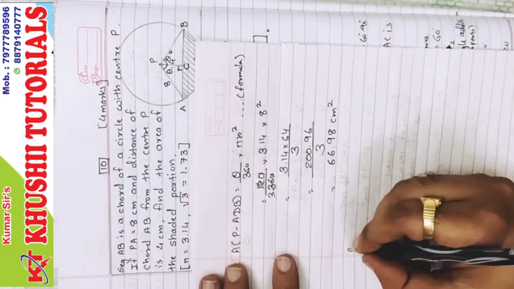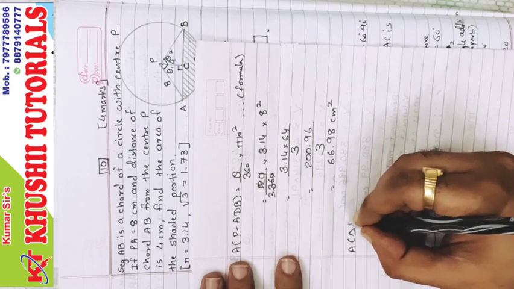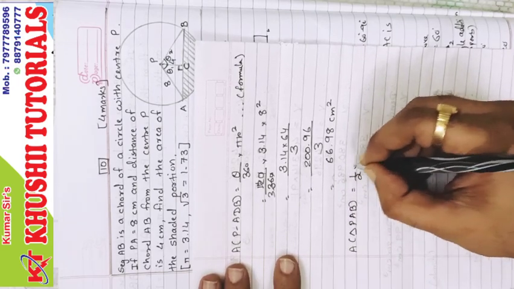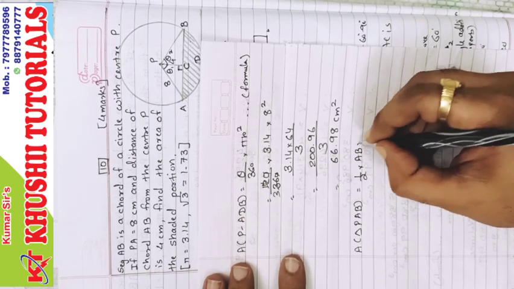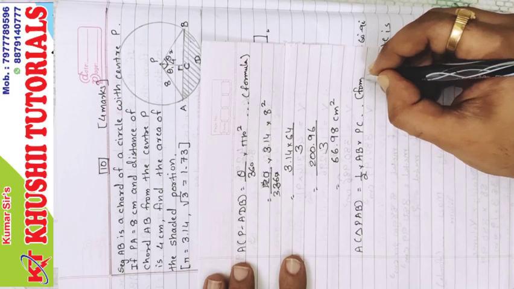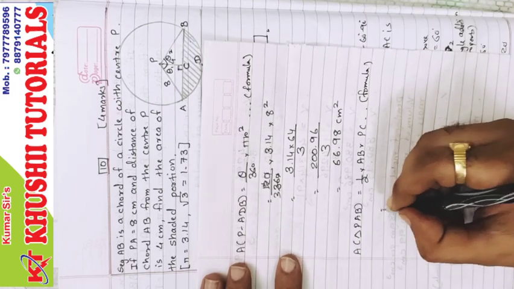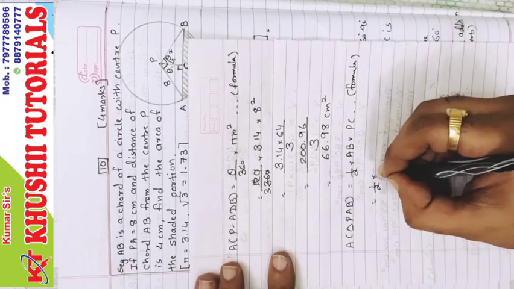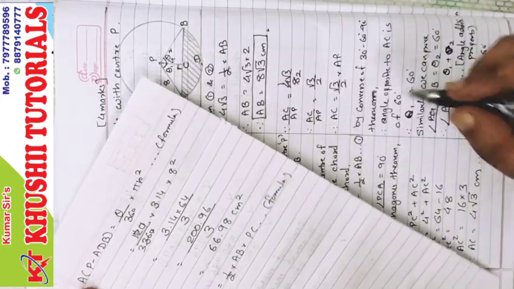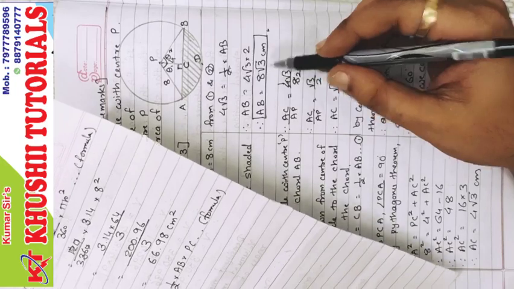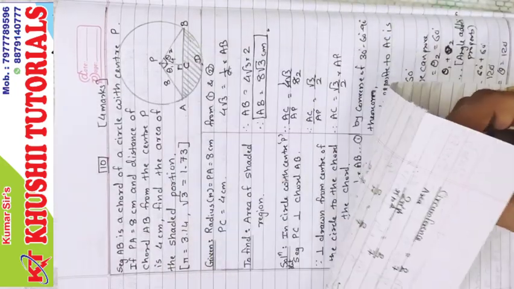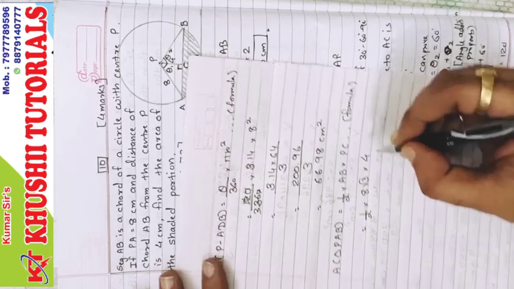Now area of triangle PAB equals half into base, which is AB, into height, which is PC. Again the formula. So half into AB, we got 8 root 3, into PC. PC is given already, 4.